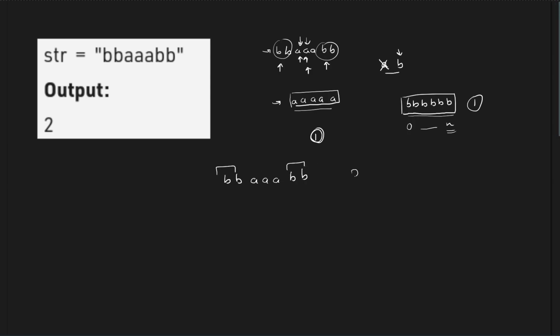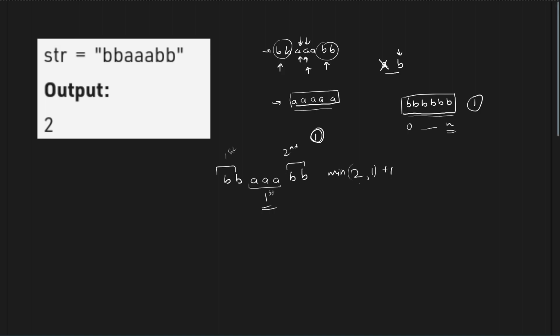In this case, it is 2. The number of times consecutive A occurs, in this case, it is 1, right? So this is the first B segment, this is the second B segment, and this is the only one A segment. We need to take the minimum of 2 and 1, and add 1 to it. So this would be our final answer.